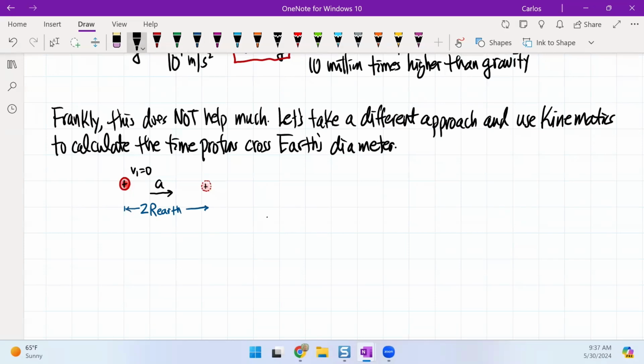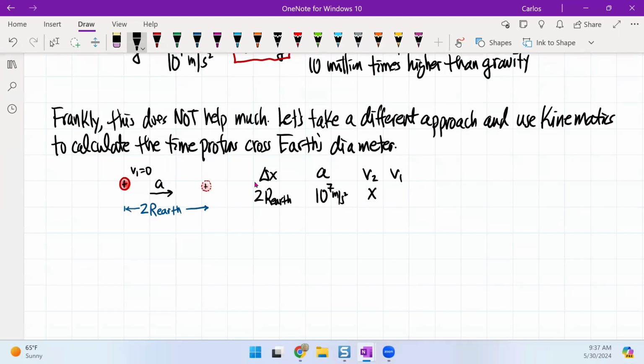So if I set up a kinematics table here, this is one way of organizing it. So I have delta x. Here it's going to be 2 times Earth's diameter. And then I have the acceleration. The acceleration is 10 to the 7 meters per second squared. And then I don't know what the final speed is.